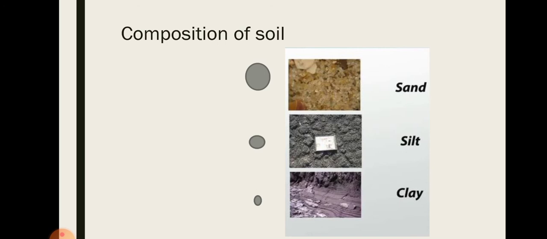These particles are smaller than sand particles but bigger than clay particles. Third is clay. These are the smallest soil particles. These small circles are just examples to clear the concept. Hope you must have understood.